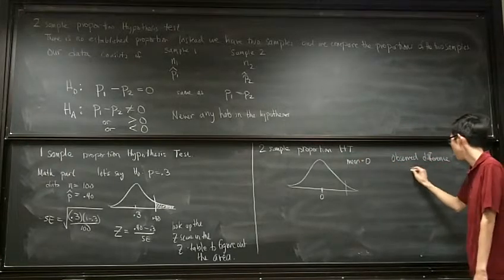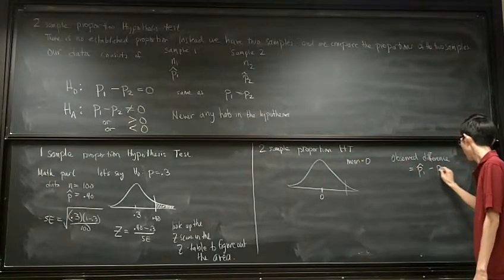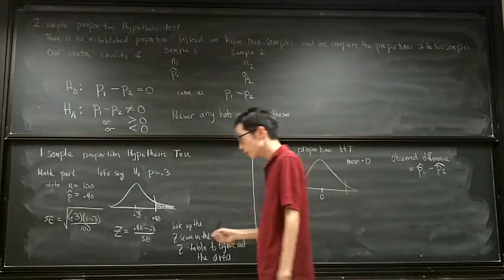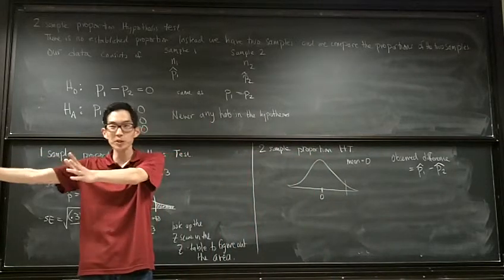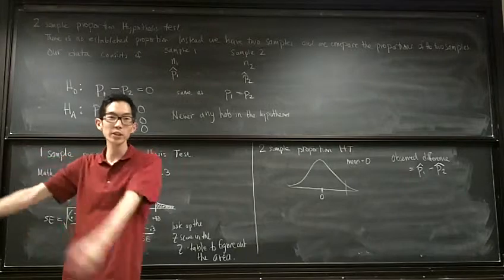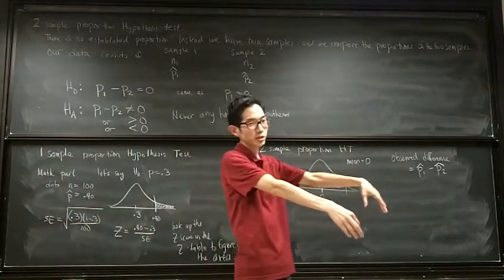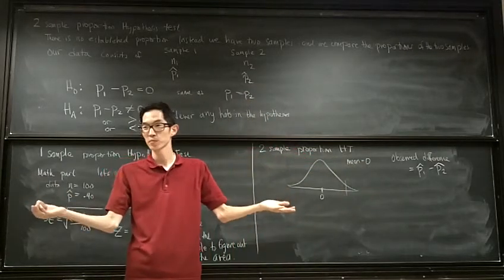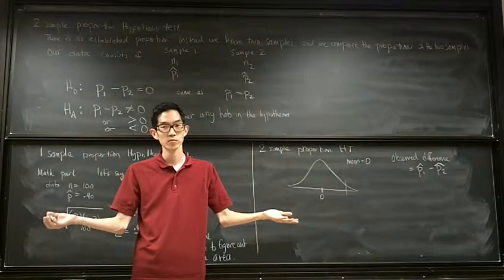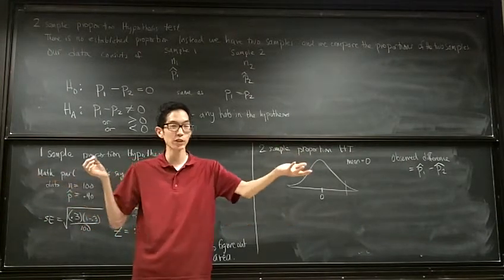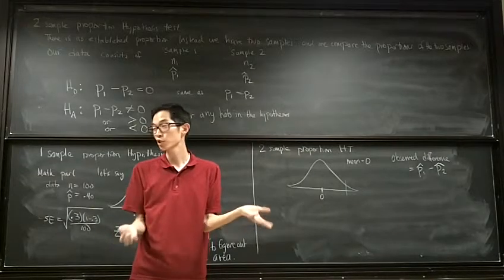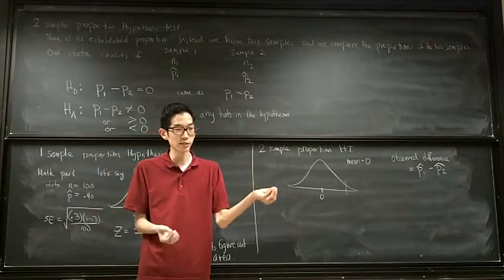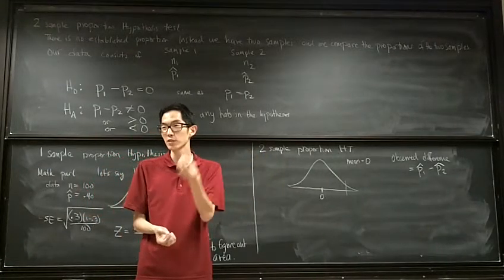So if I showed commercial 1 to 200 people and 33% liked it, and I showed commercial 2 to 200 people and 35% liked it, what's my observed difference? 2%, right? 33% versus 35%, I have a difference of 2%, 0.02 is my observed difference. And I want to know, is that 2% difference significantly different from a difference of 0?